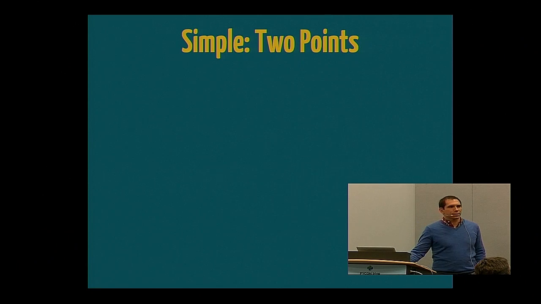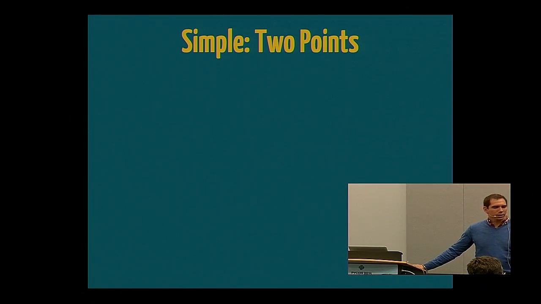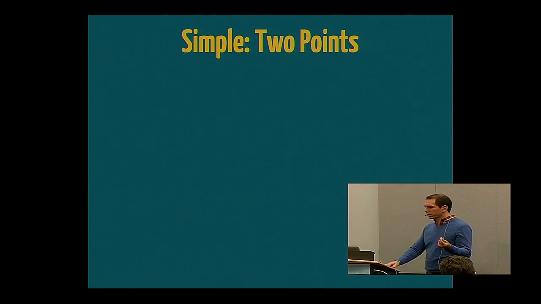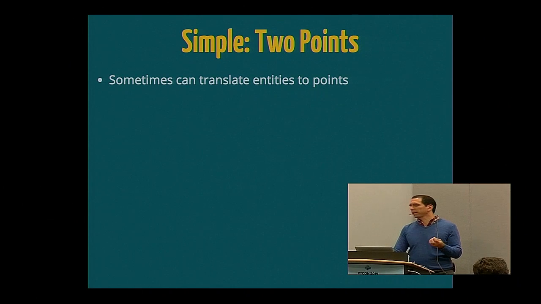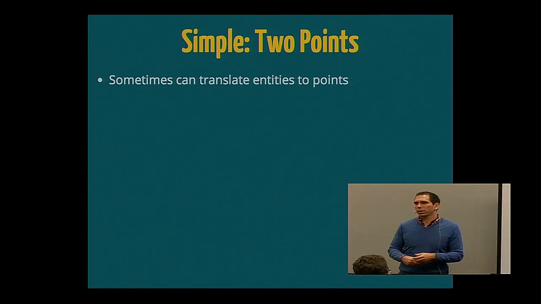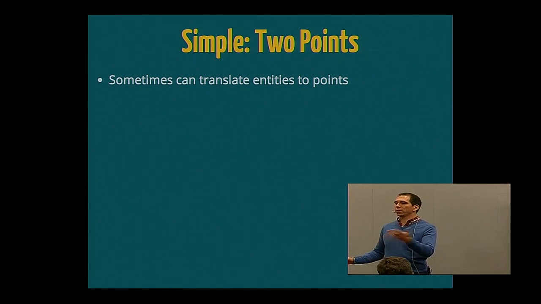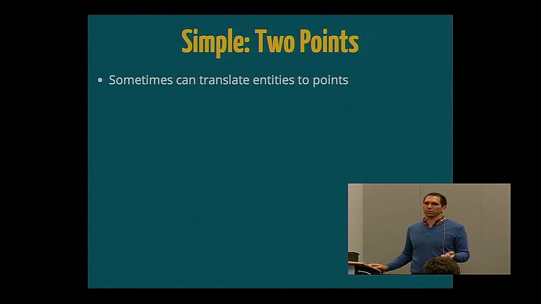So as a very simple example of moving intuition into math, let's talk about just 2 points. Sometimes you could translate an entity into XY points on a Cartesian plot. An example of this might be if you wanted to compare if two houses on sale were similar.